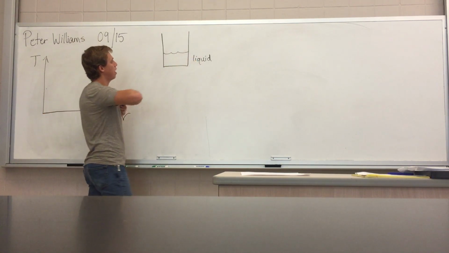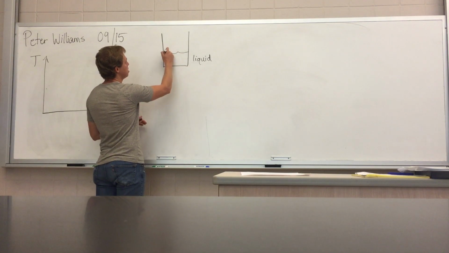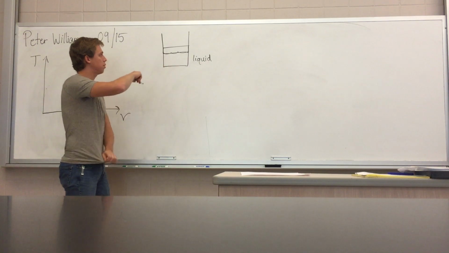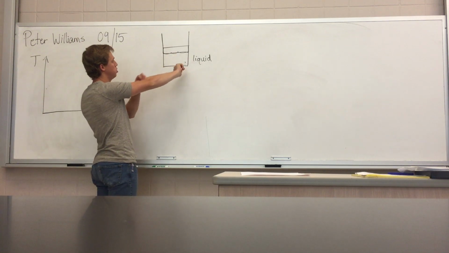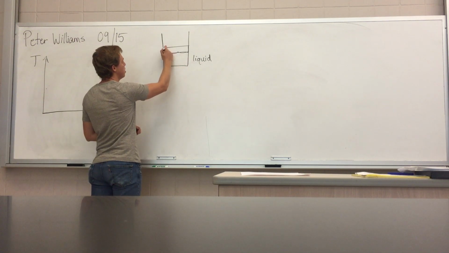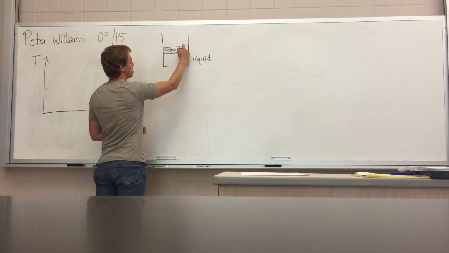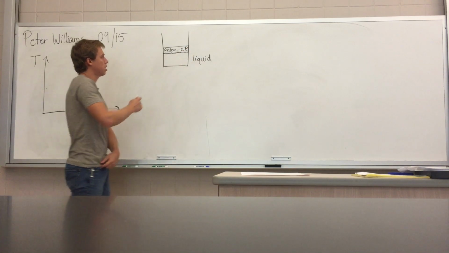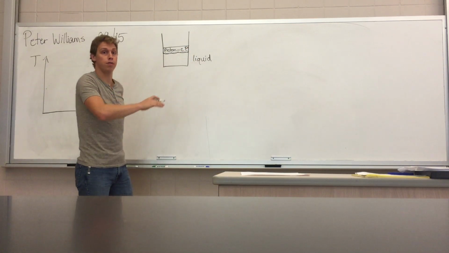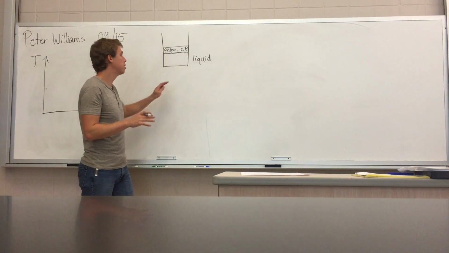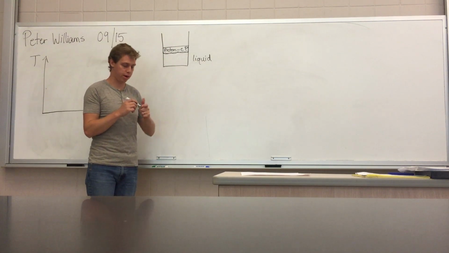Well, let's just say that I have a piston that weighs down this liquid right here, and there's only 1 atmosphere of pressure pushing down on it. So this is a piston, and it's constant pressure, okay? So the pressure is going to be unchanged throughout this. I'm going to show you this system evolving, and the entire time, this is going to be constant pressure.